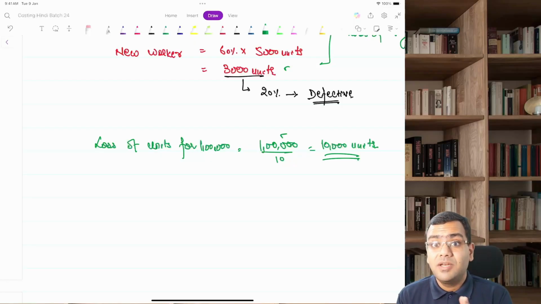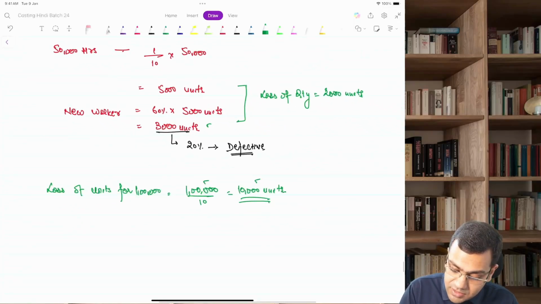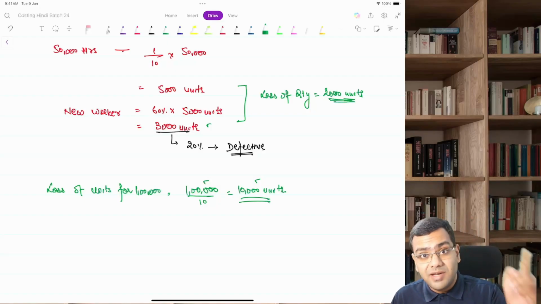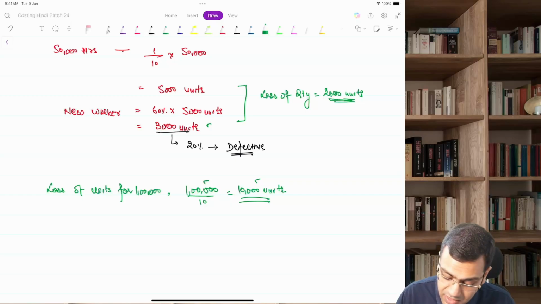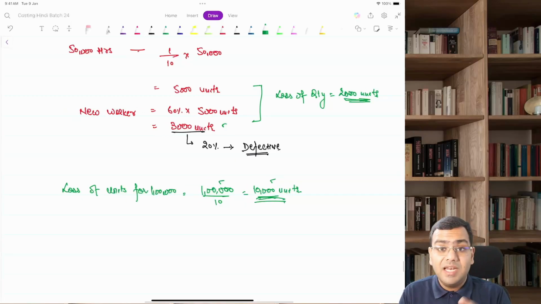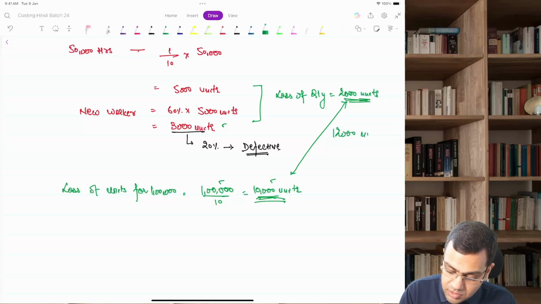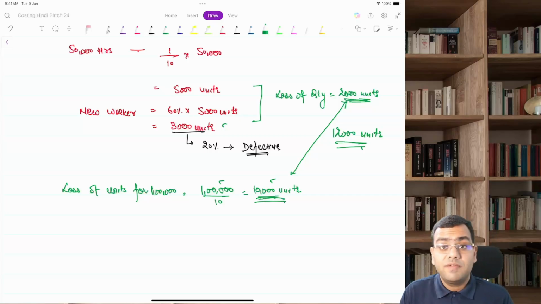That means had there been no labor turnover, we could have produced 10,000 units in this 1 lakh hours. So what is the total loss? Total loss is this 2,000, which is due to the recruitment, due to the training because they are inexperienced, and this 10,000 is due to the delay in recruitment, right? So total loss here will be 12,000 units, out of which 2,000 is because they are under training and 10,000 is because of the delay in the recruitment.